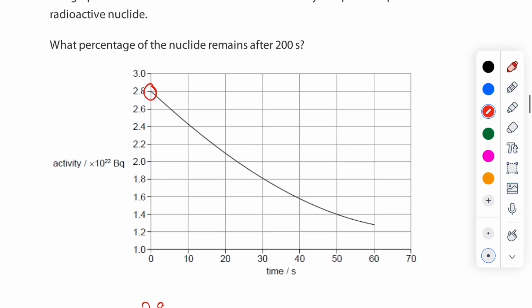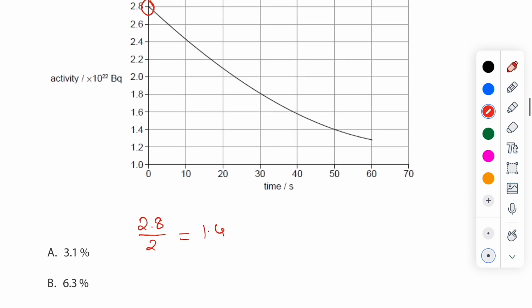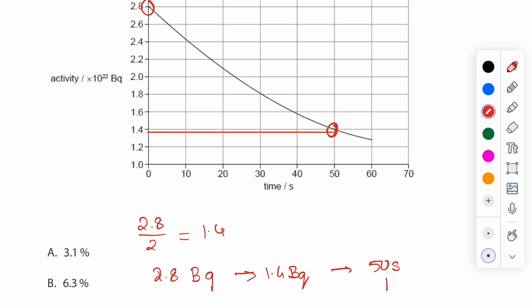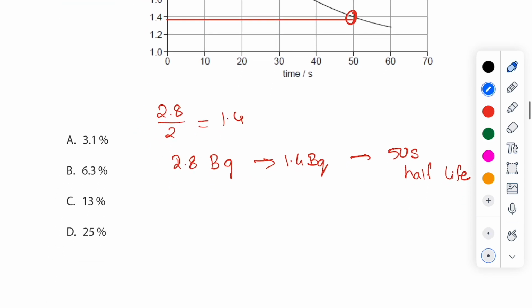Now what can I say is 2.8 becquerel becomes 1.4 becquerel. And how much time is there? You can see that 1.4 becquerel is at 50 seconds. How much time is it taking? It is 50 seconds. So that is my half-life. Half-life is 50 seconds.